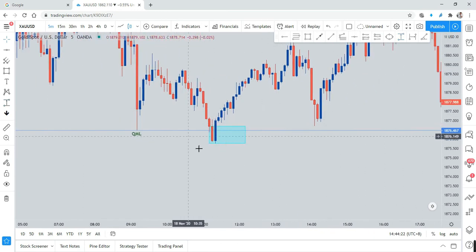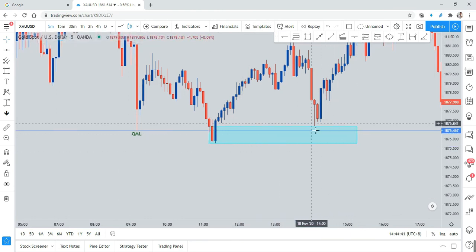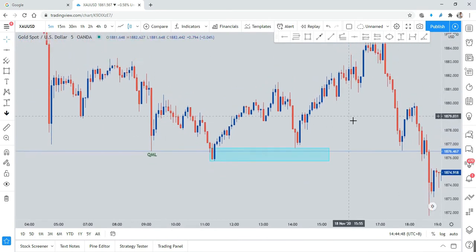I put my buy limit at this point, and then my stop loss a bit lower. I usually go a bit lower from my zone, that is my rule. This is my buy zone. The price came to this area exactly, and then bounced back up.